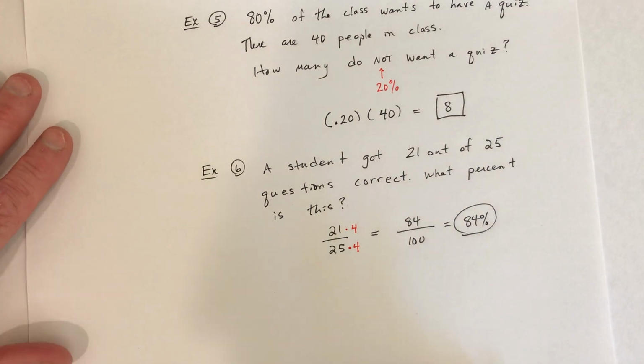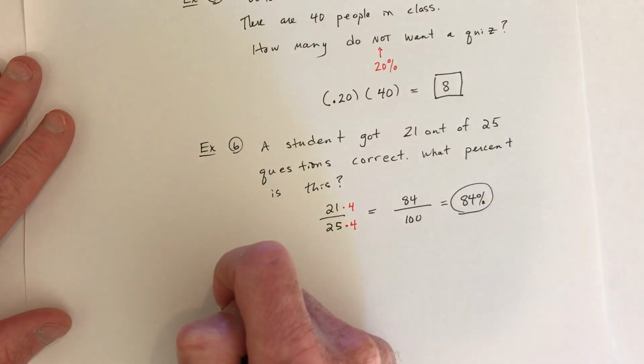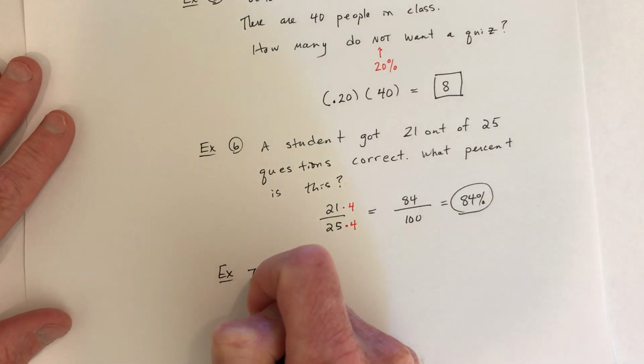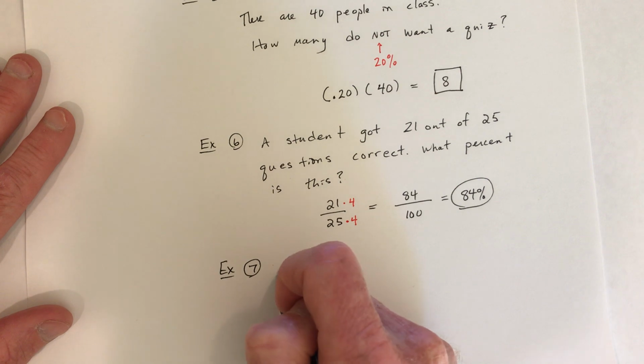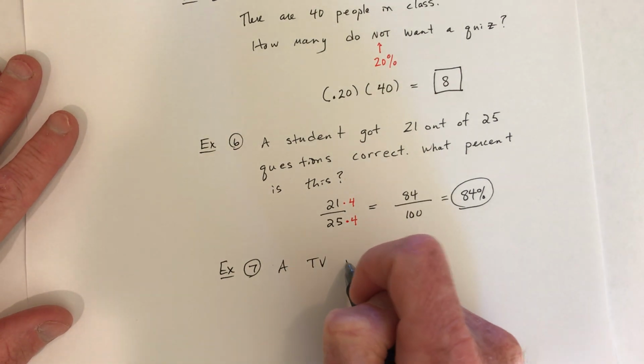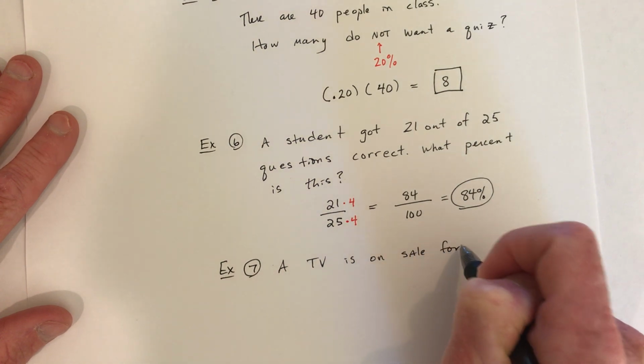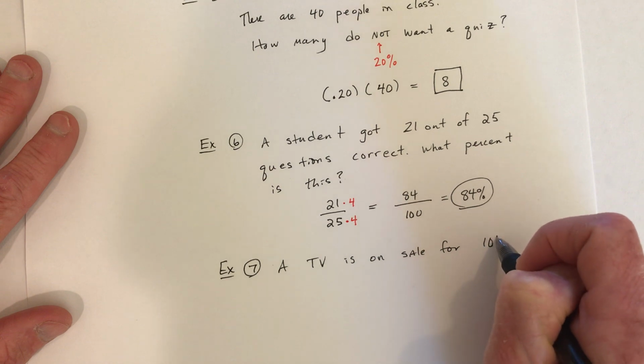Okay, then one more question, slightly different than the others. Suppose that you go to Costco or wherever and a TV is on sale for 10% off.